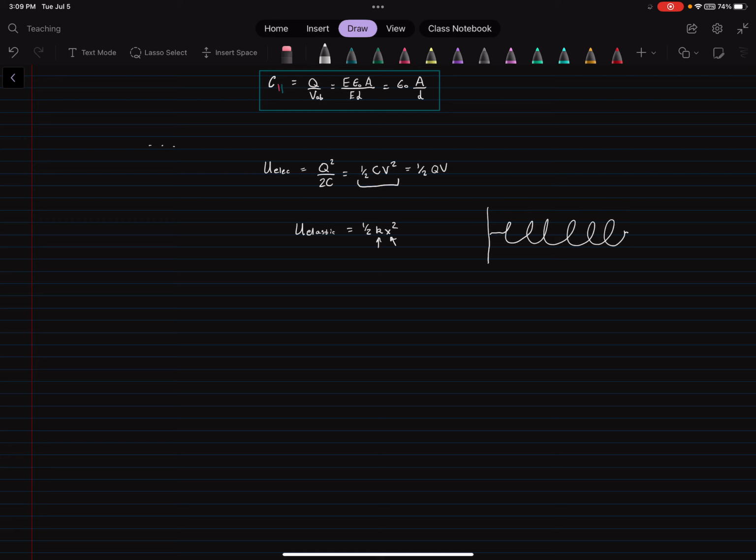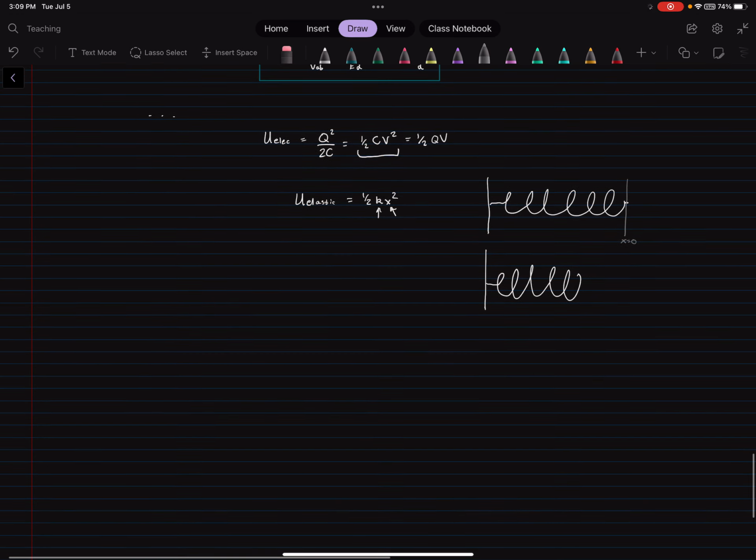So if this is its natural position, and you then compressed the thing to there, this here is x equals 0 because that is its natural resting position, and this here is x equals wherever it is now, then delta x is the distance here. That's the amount that it was compressed, and so that is what x refers to. And k is the spring constant.